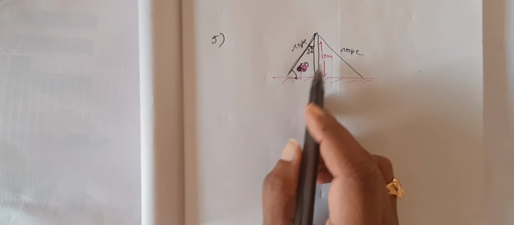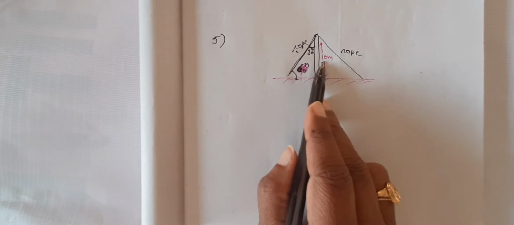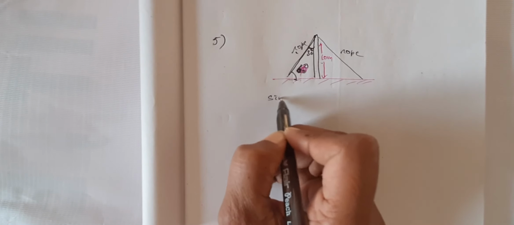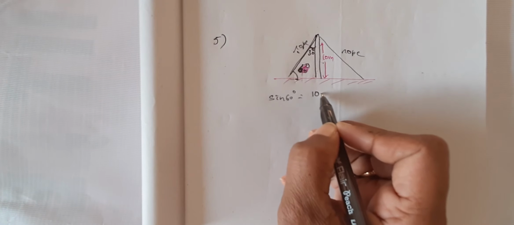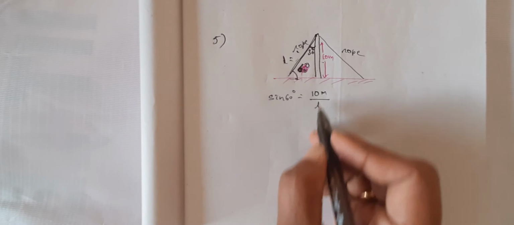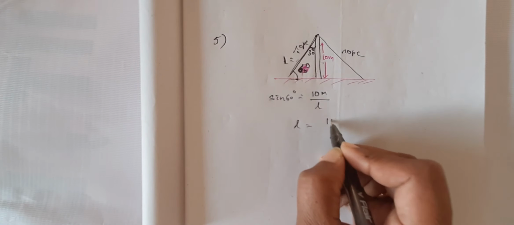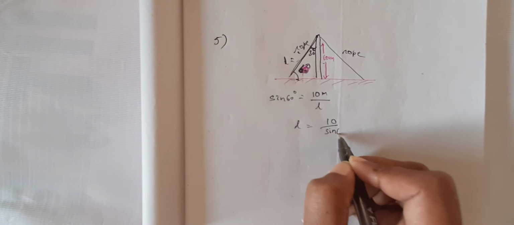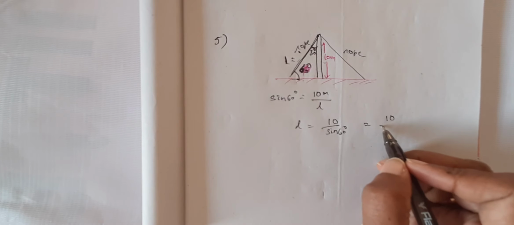Right here, this is how the diagram is. Now I want the hypotenuse and opposite side involved. So therefore sine 60 degrees is equal to the opposite side 10 meter divided by the length of the rope L. Let us suppose the length of the rope to be L. So now L is equal to 10 by sine 60. That is equal to 10 by root 3 by 2.